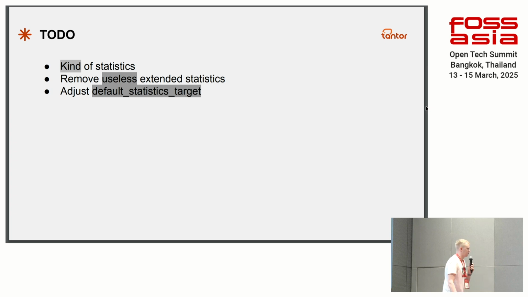The second issue is removing useless extended statistics. When I benchmarked it, I noticed that I had a lot of extended statistics, and when I ran analyze, it ran longer than before, sometimes twice as long or more.